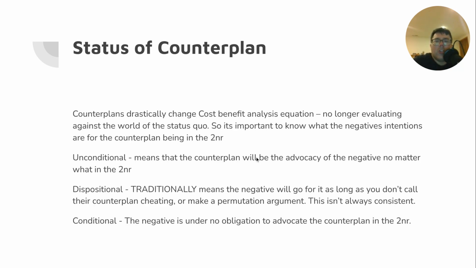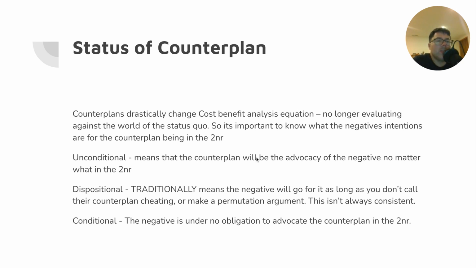All right, there are generally 3 statuses to a counterplan, and a status just means what are the conditions that have to take place for a 2NR to decide they are not advocating for the counterplan anymore? So in what world does the negative decide they're not advocating the counterplan anymore?